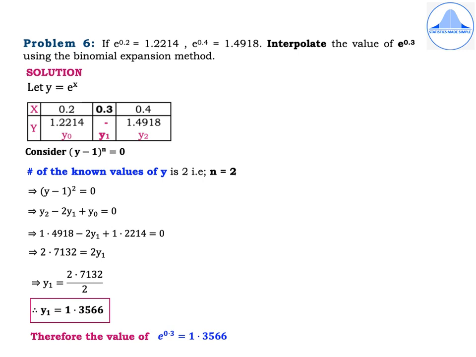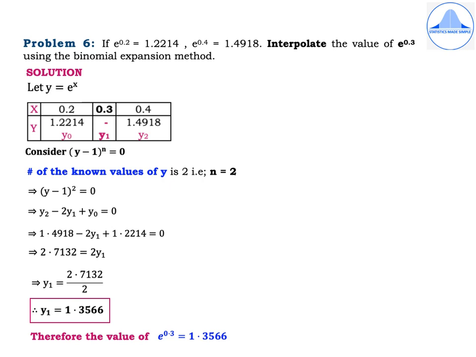I have written let y be equal to e to the power x. Now in the problem, the x values, if you observe carefully, are 0.2, 0.4, and we have to interpolate for x being 0.3.